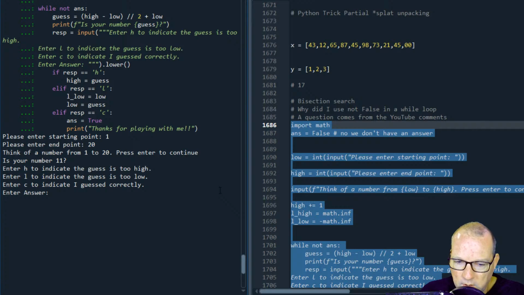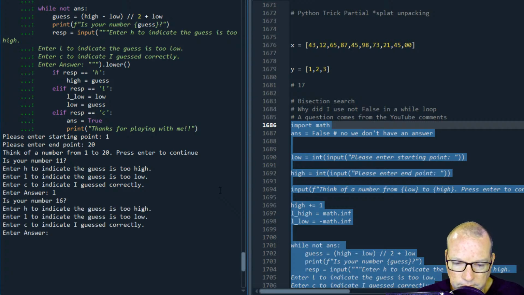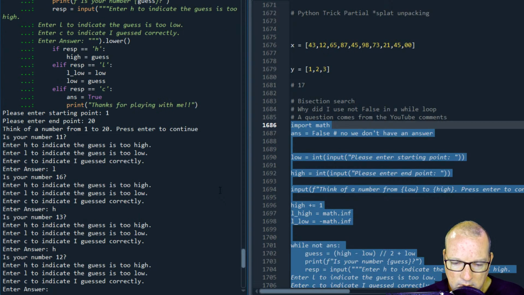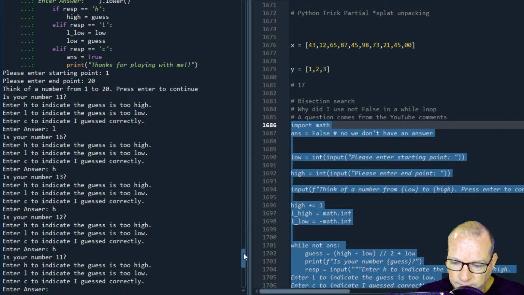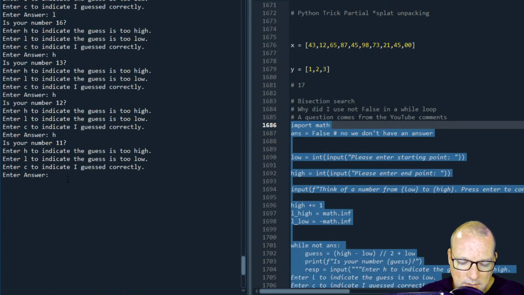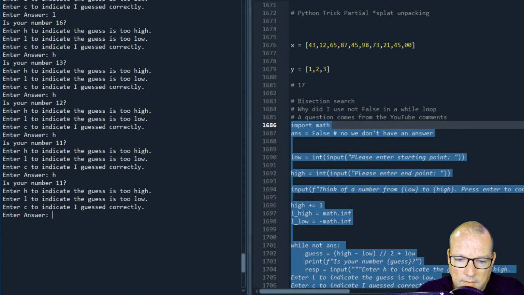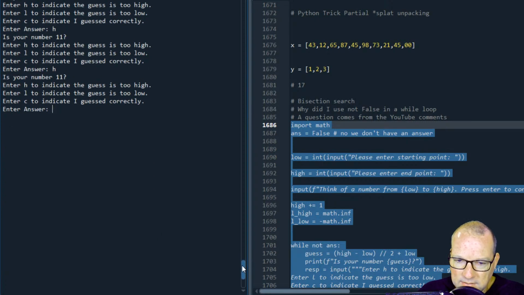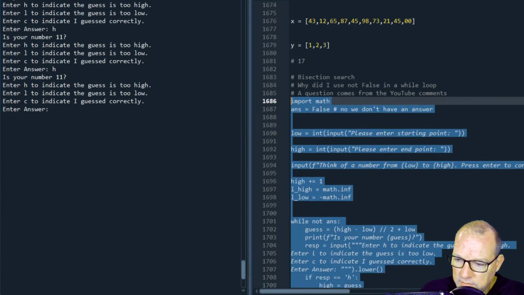Continue. It is too low. Now we're going to say it's all too high, right? Too high, too high, too high. Now, this one right here, this should be throwing up because it has the same response.